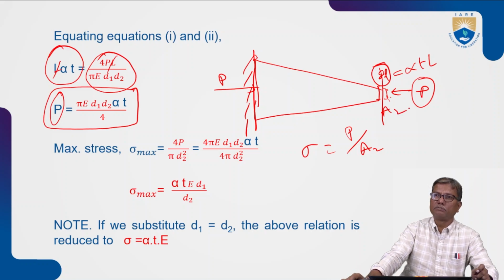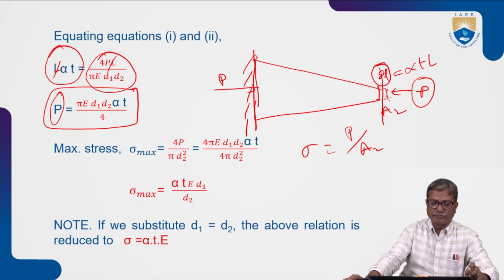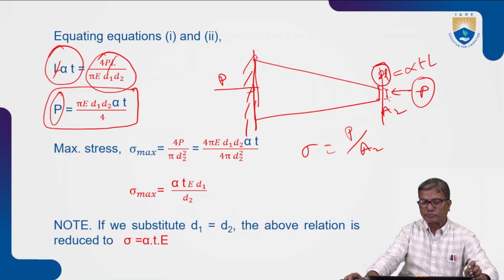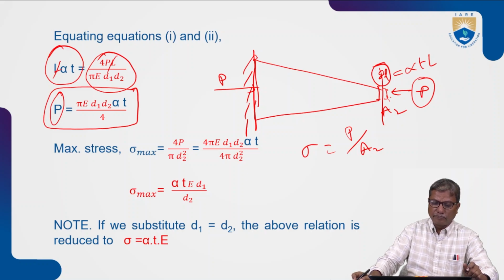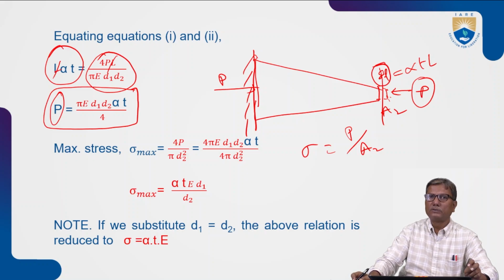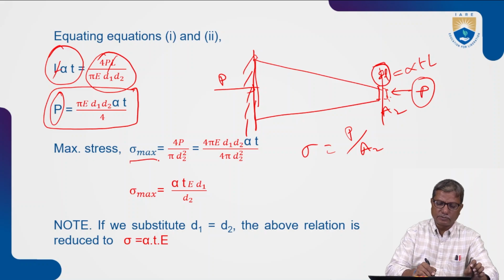A2 is the minimum cross sectional area at the end where the diameter is D2. So how will you get now the maximum stress? P by A2. What is A2?